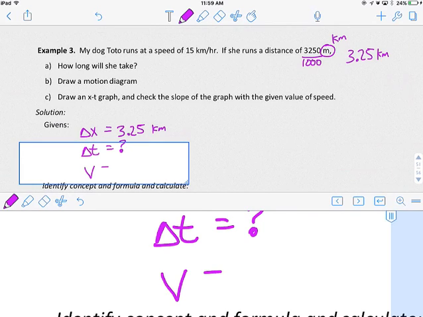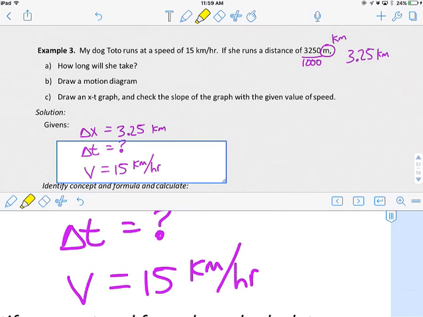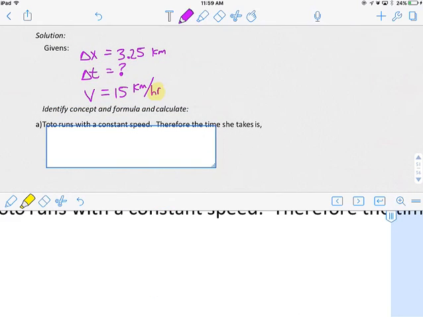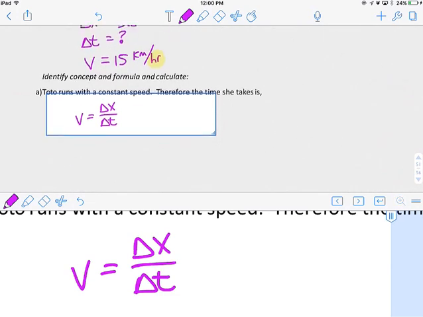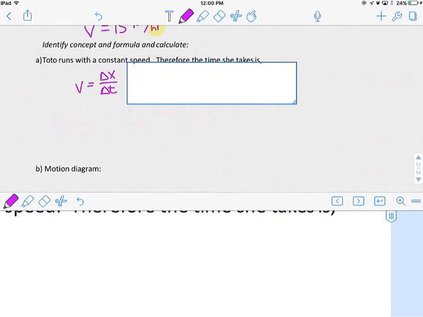And my v is that 15 kilometers per hour. So if I do a little bit of predicting, what unit will my time be in? Hours. All right, so we're running with a constant speed, so I'm going to use v equals triangle x over triangle t.